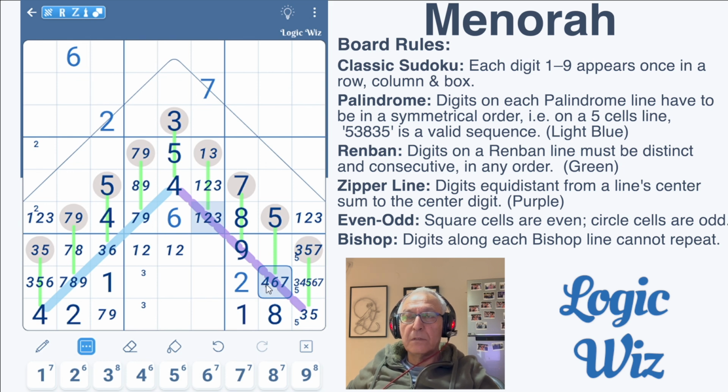Okay, here we can no longer have a 4, because 4 and 3 gets to 7, so no longer 4 here. So if this one is a 6, this one can be 4 or 7.